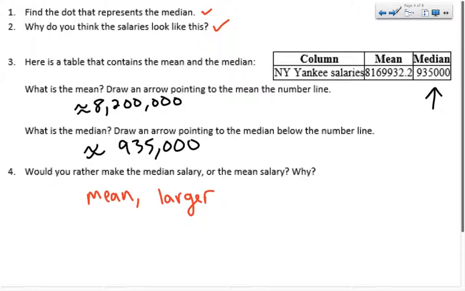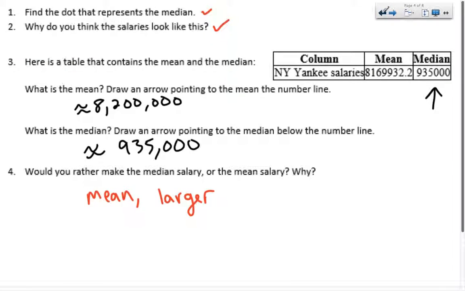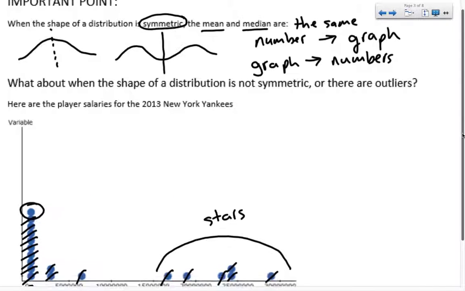Okay. For these, I did want to point this out, which is at the bottom of the page. Anytime the data is not symmetric or when there are outliers, the mean will always be pulled in the direction of the outliers. And that's what gives us this long tail. So let's go back to our graph and analyze what that means.